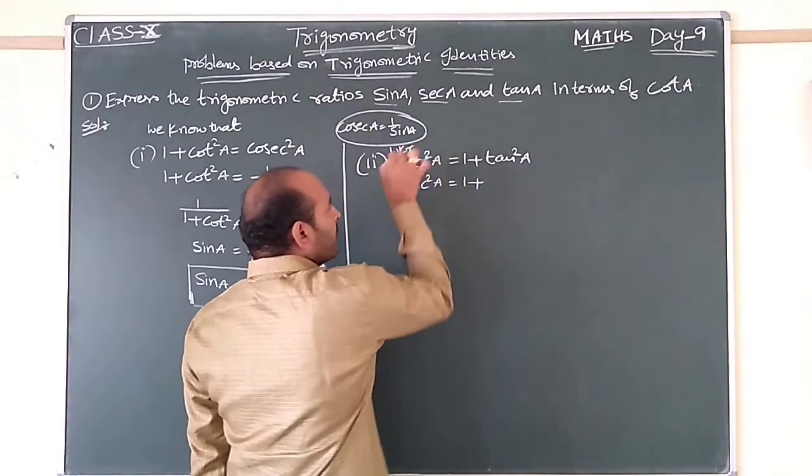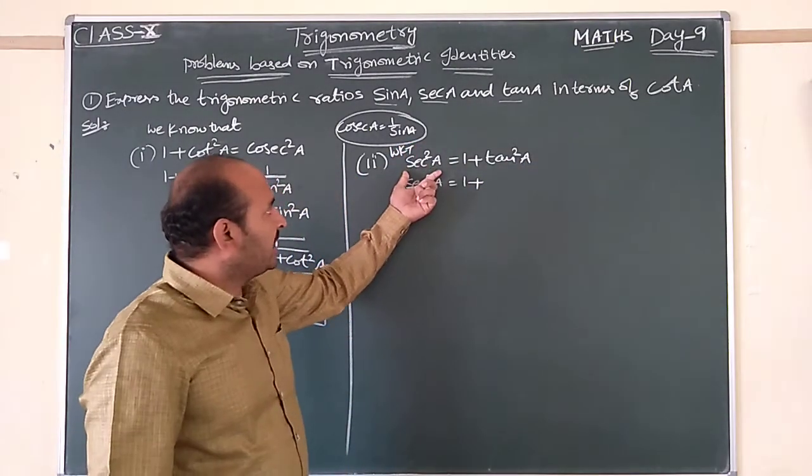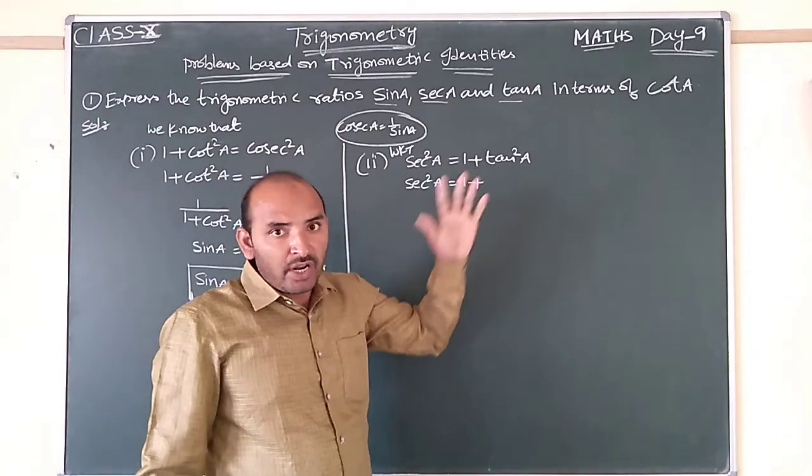Once again, secant square A is equal to 1 plus tan square A. This is one of the properties.